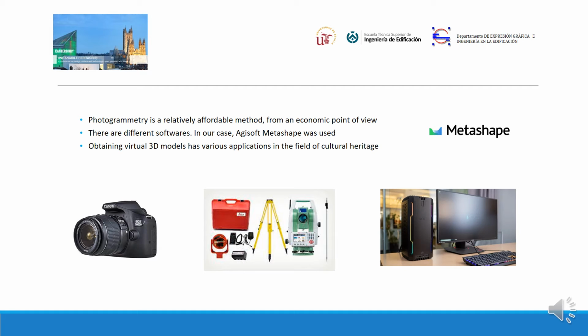Photogrammetry is a relatively affordable method from an economic point of view because the necessary equipment is made up of a digital camera and a computer with high data processing capacity. But for the registration of control points, a total station is necessary, which is more expensive equipment.